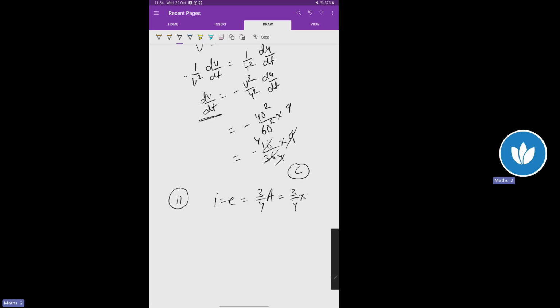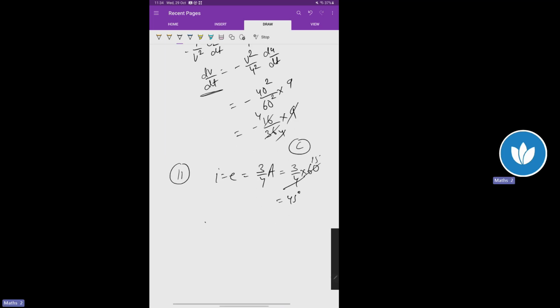So 3 by 4 into 60 degree is 45 degree. And we know A plus delta is equal to I plus E. So delta is I plus E, 45 plus 45, 90 minus 60, 30 degree. Option D.